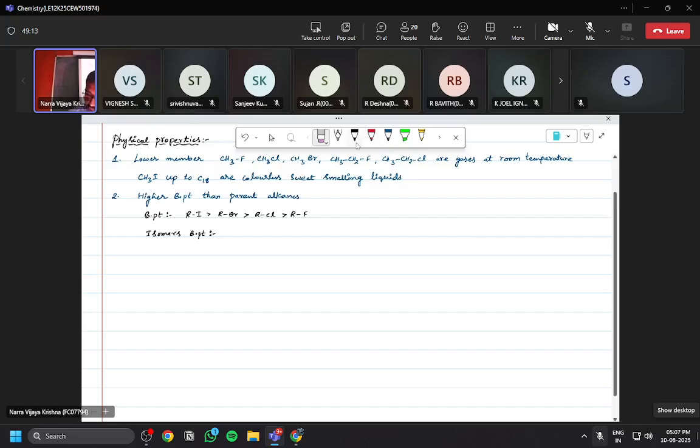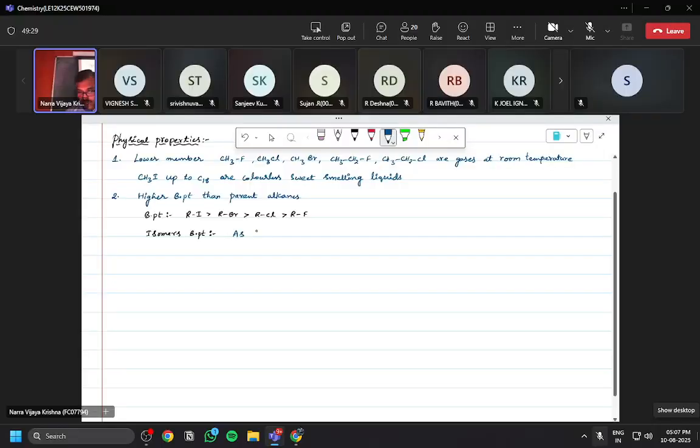Then as chain length increases, what happens? Surface area increases. If chain length increases, surface area increases. Then van der Waals interactions increase. Then it is difficult to separate them. Therefore, boiling point increases.